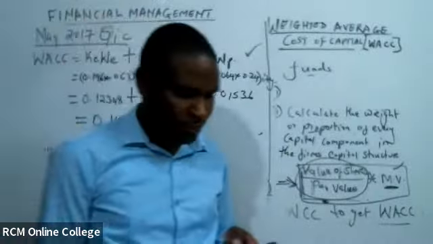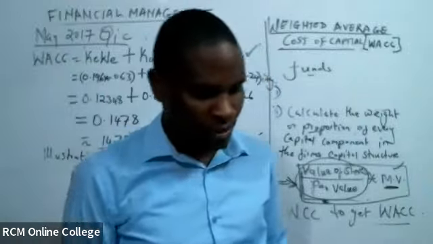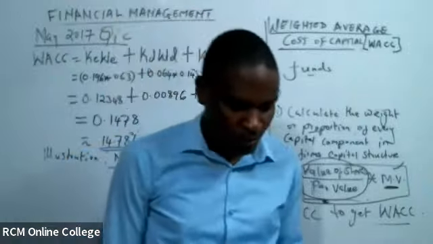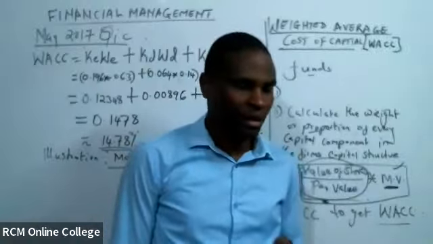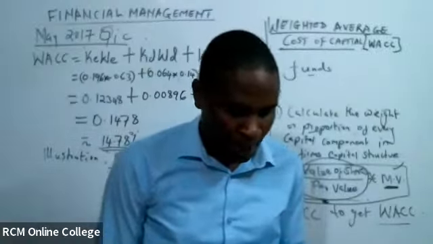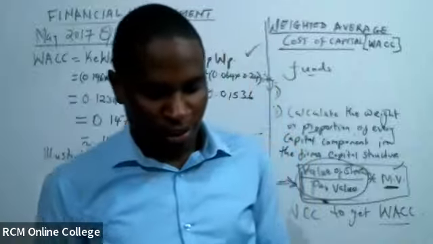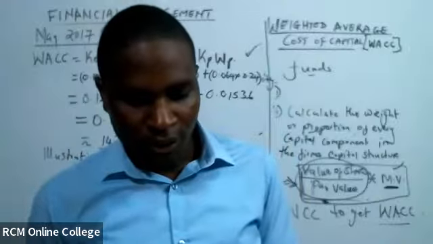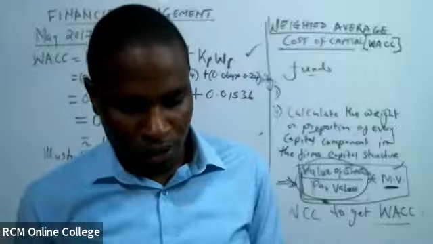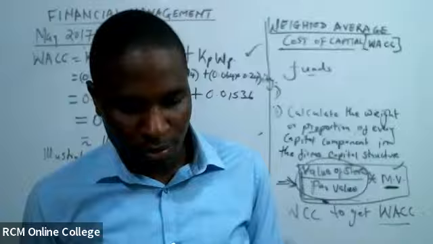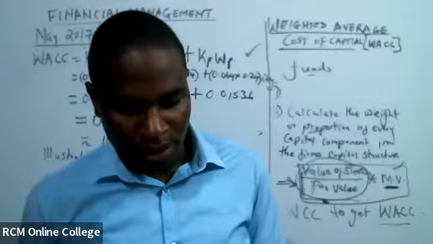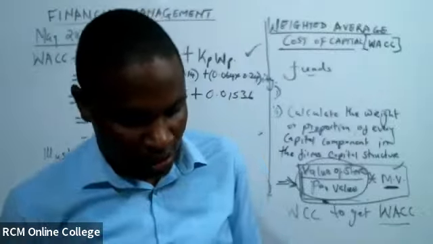Additional information, class: we are told that the current market price per share is 30. Current market price per share, that corresponds to what? To the ordinary share. So that is the market price of the ordinary share. The expected dividend per share in the following year is 1.2. The average growth rate of earnings and dividends has been maintained at 10% over the last 10 years.